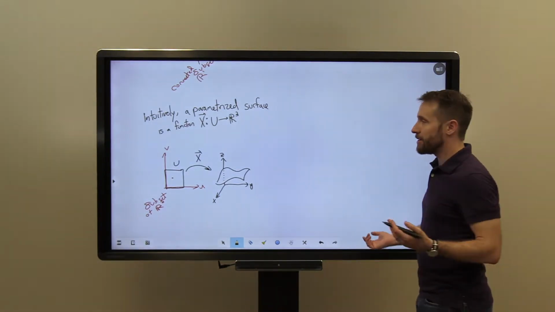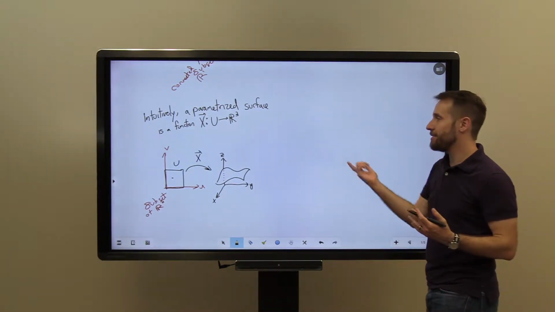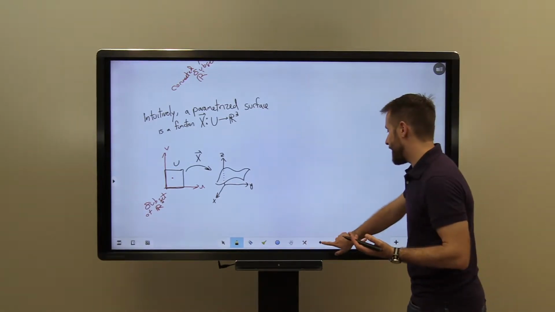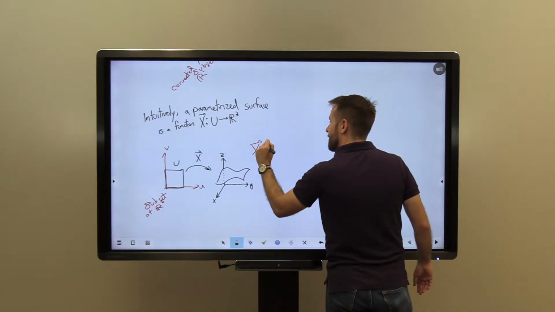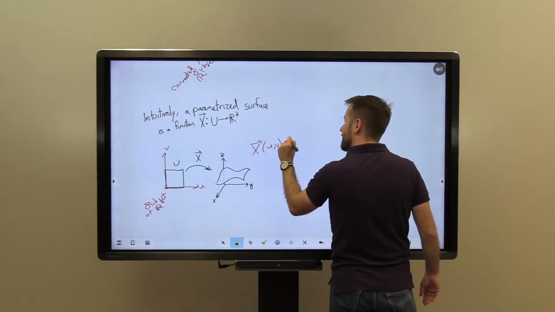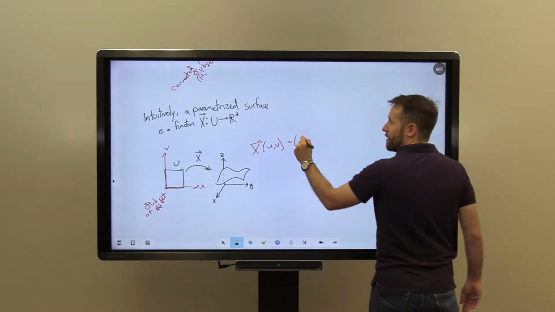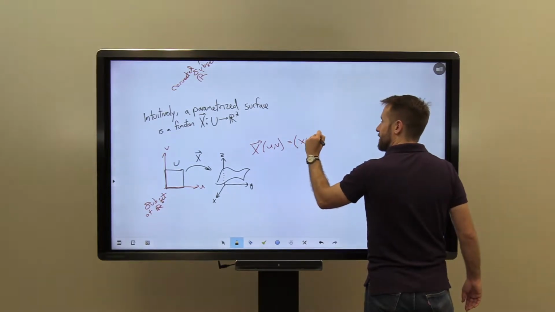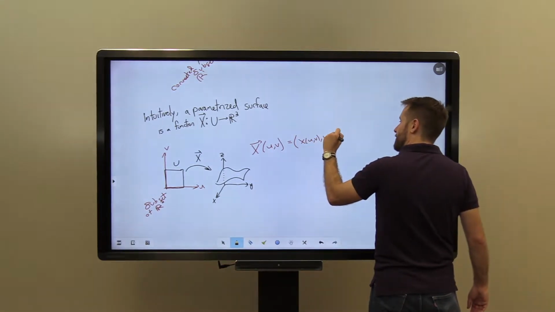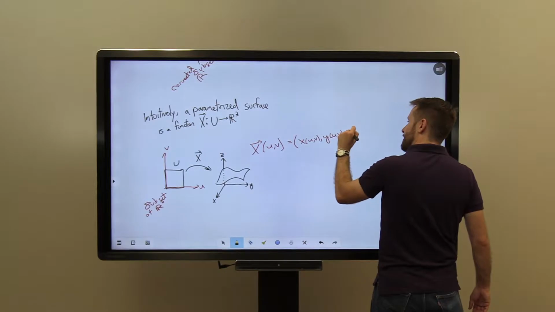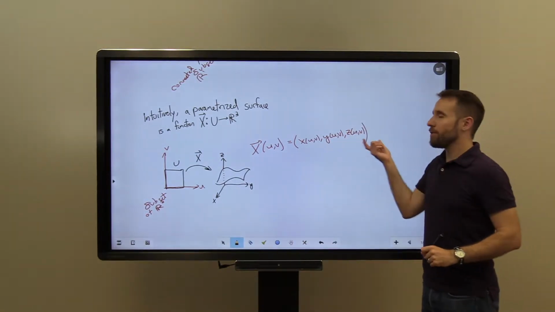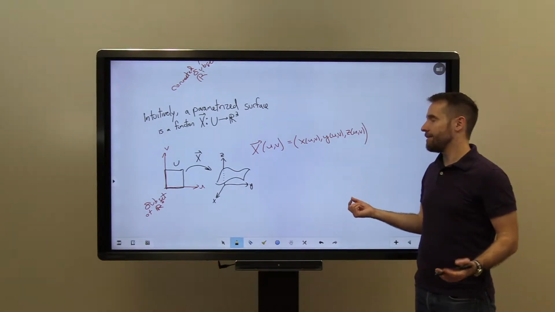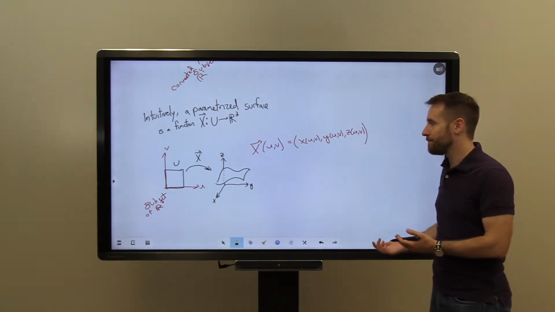It will be a function from this into three-dimensional space, and therefore we could write this as X of (u,v) equals (x(u,v), y(u,v), z(u,v)). So we'd end up with three different coordinate functions, each in terms of u and v.